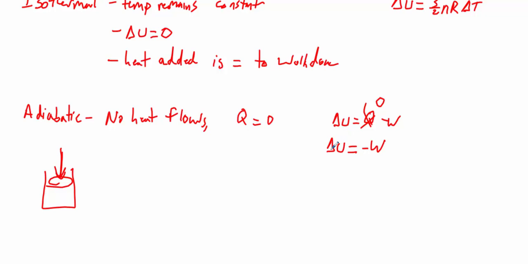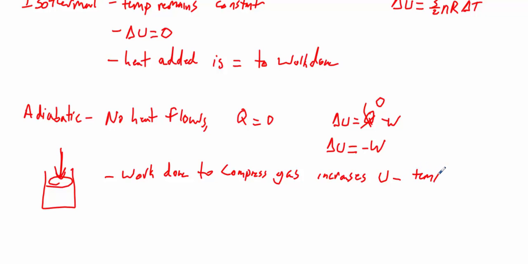Now that means the gas particles moved faster. So if you think about this, this means the work done on a system, so work done to compress the gas, increases the internal energy, and that means temp goes up. Okay?